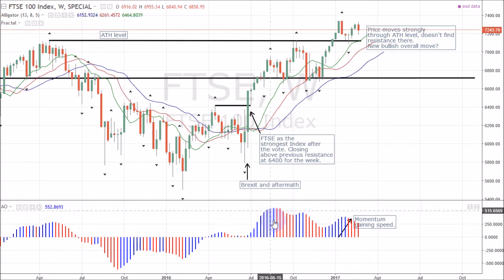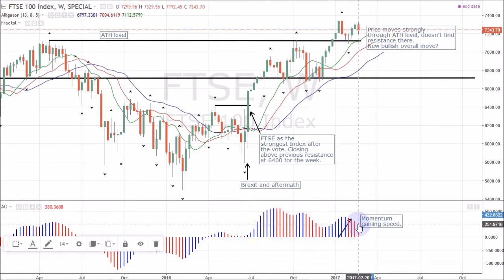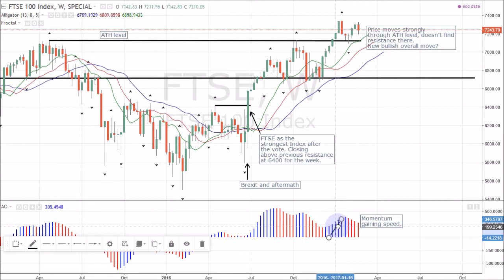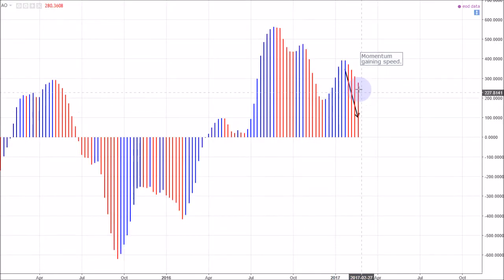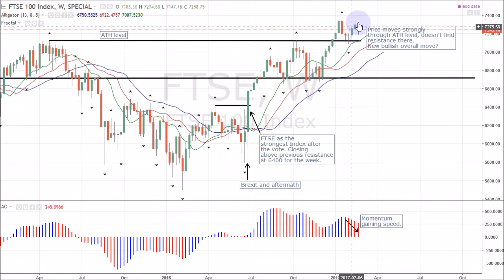Right now, we do see this divergence. We have momentum gaining speed right here in this area, but as you can see here, momentum is really losing steam again. And this is, of course, because we have the price going sideways. But it's, as I said, not in the balance zone. It's not dropping rapidly.